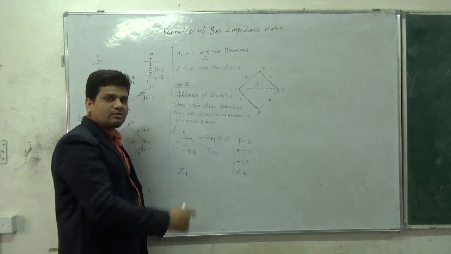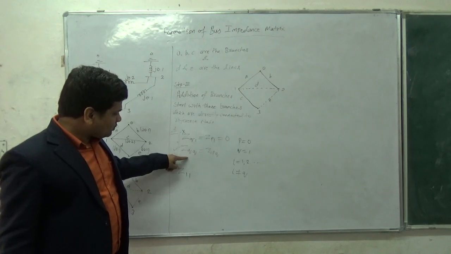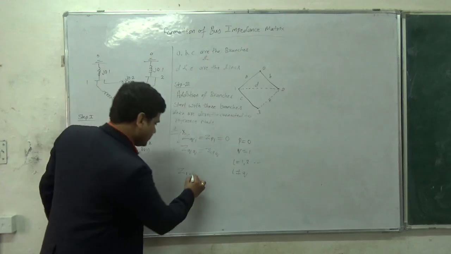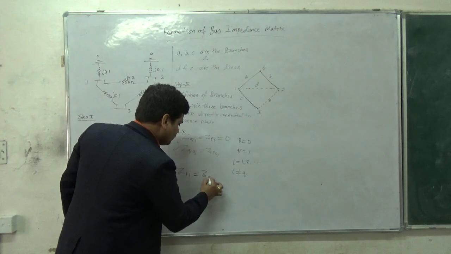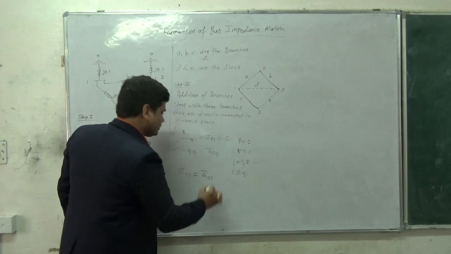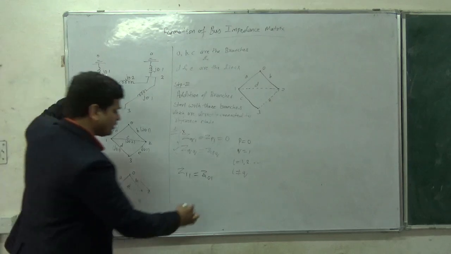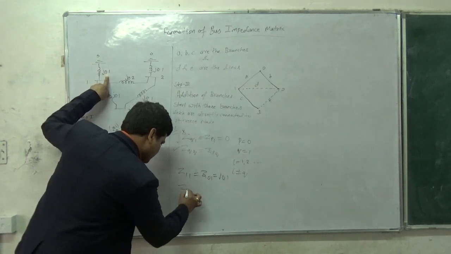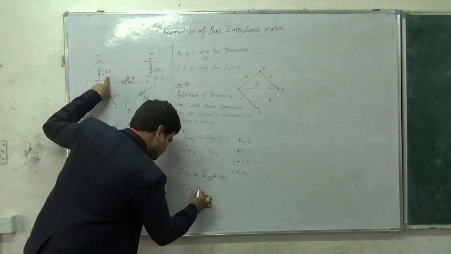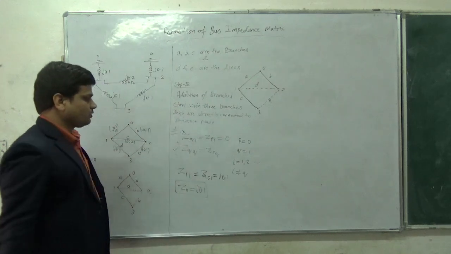I am using this one: Z_QQ, Z11 is equal to small z, with P equal to 0 and Q equal to 1, small z01. I can see directly from the network that z01 is j0.1. This is my first element of the matrix: Z11 is equal to j0.1.